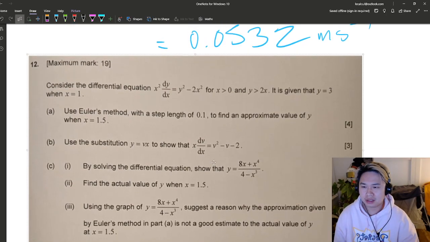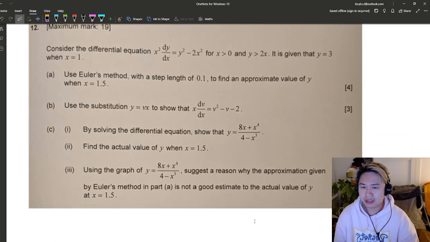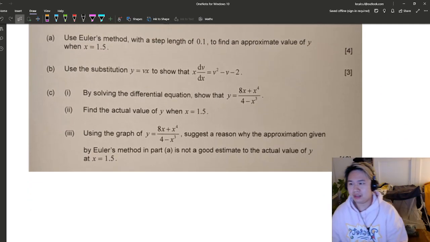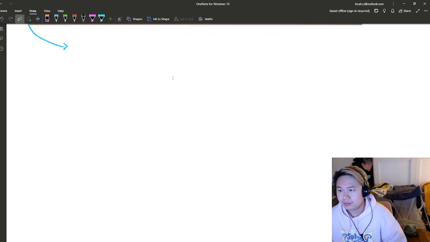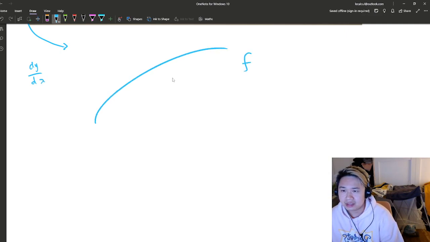So Euler's method is used to approximate y with linear approximation. So before we start, if you have an equation for the gradient, then what you do is, let's say this is f, and you know a starting point kind of close to what you want to find out, like here.